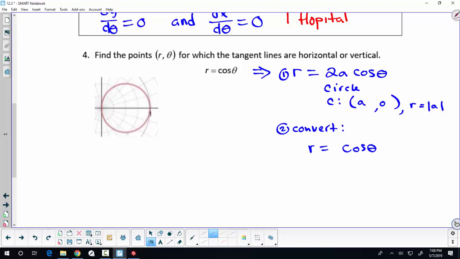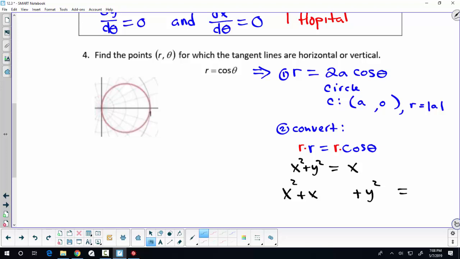So it was mentioned that we take our original, multiply it by r. So we have r squared equals r cosine theta, which is x. And then we can get our similar terms together and complete the square. It's a little bit more long-winded to convert.